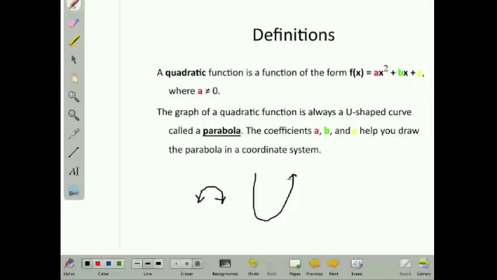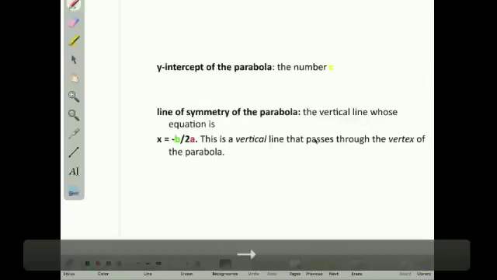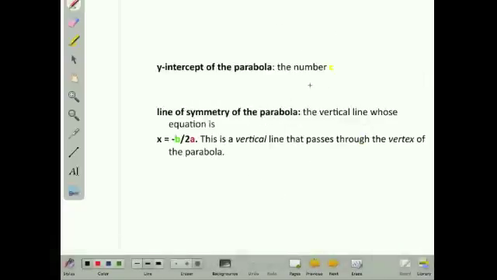Now these graphs, like linear graphs, can be graphed on a coordinate system. The reason why we identify a, b, and c is because they'll actually help you when you start graphing these. So we're going to work through that process now. The y-intercept is always going to be the letter c.